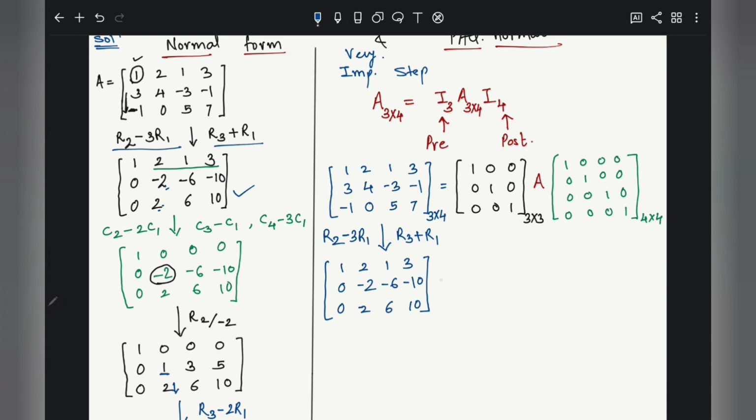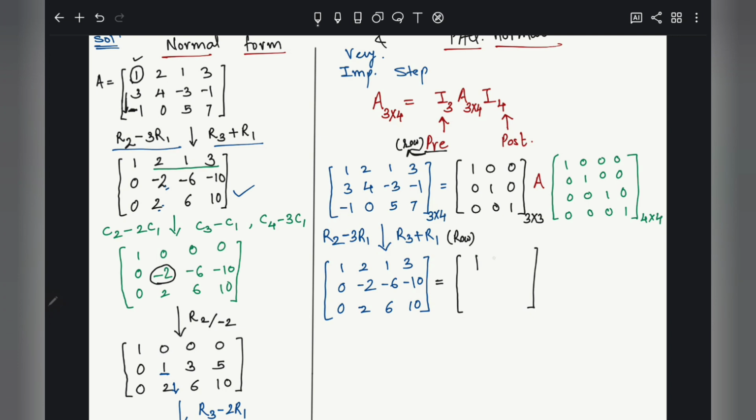Now what is the difference in the PAQ normal form? That is important. You have followed row operations, right? Whatever row operations you have followed, you need to repeat on the right hand side, on the pre-multiplied identity matrix.